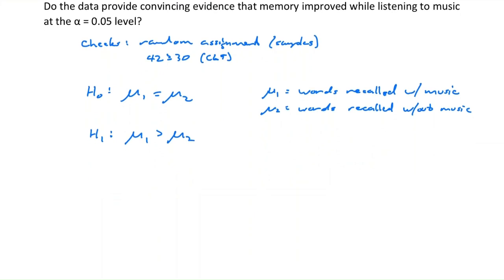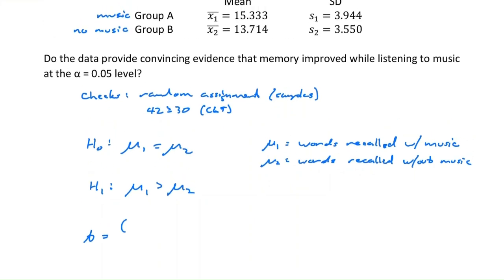All right, let's find t and then ultimately p. So here the data is just kind of nicely laid out for us.